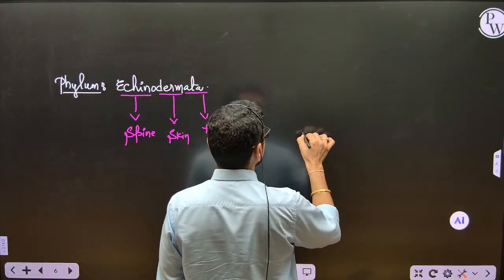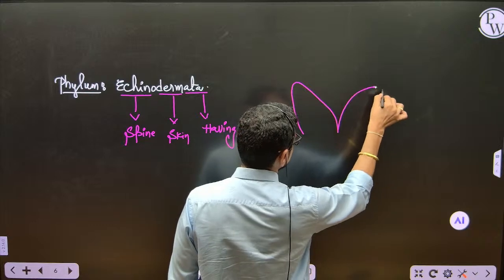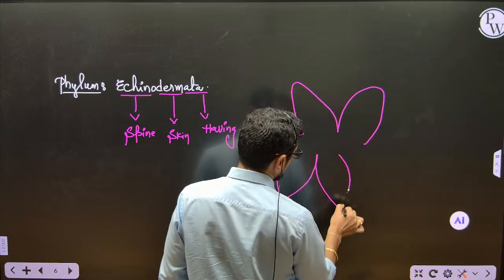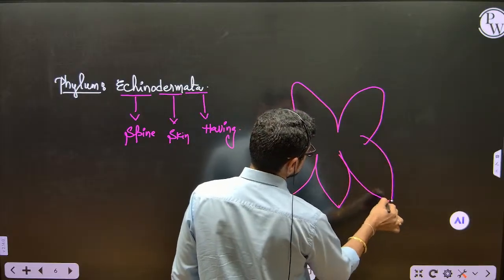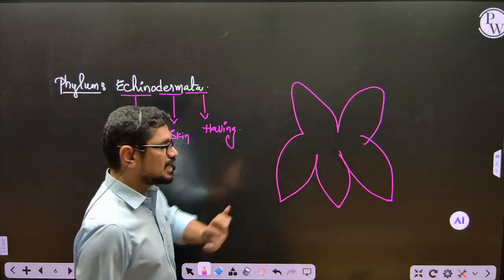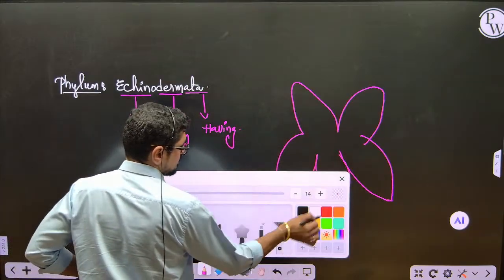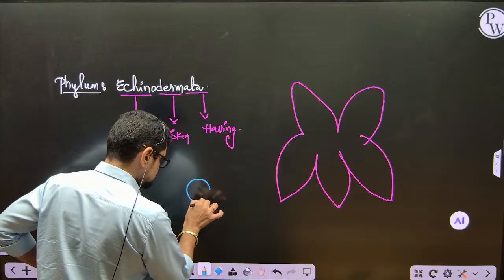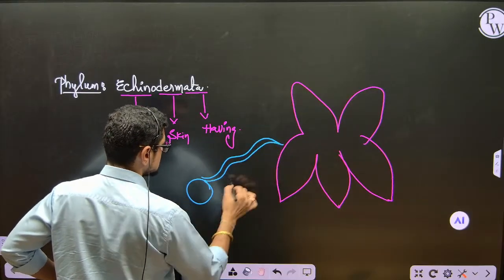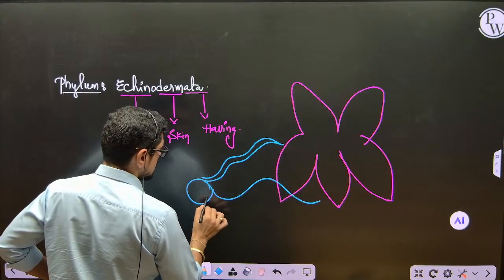For example, imagine 1, 2, 3, 4, 5. 5 arms are present. Let me show you another animal, a very interesting animal. Here is one arm like this, another arm, another arm.